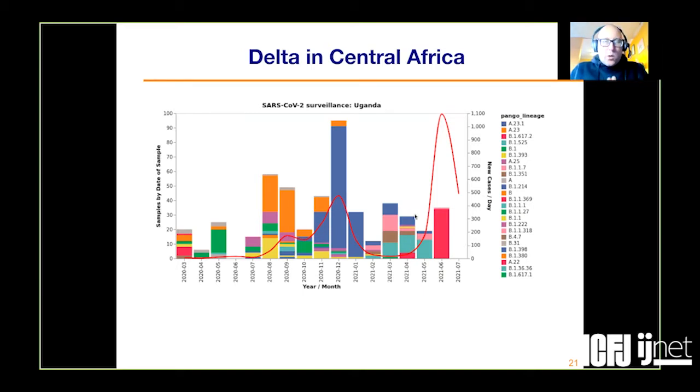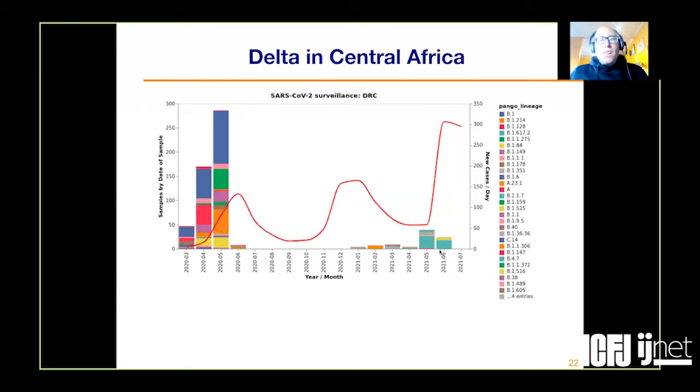However, what I want to show now is how this virus is spreading around the continent. This is the number of cases again in Uganda. We see that there's been a disastrous spike and lockdown, and what is associated with it here, B.1.617.2. So basically, when they start sequencing, the virus is associated with a recent massive wave, it's Delta.